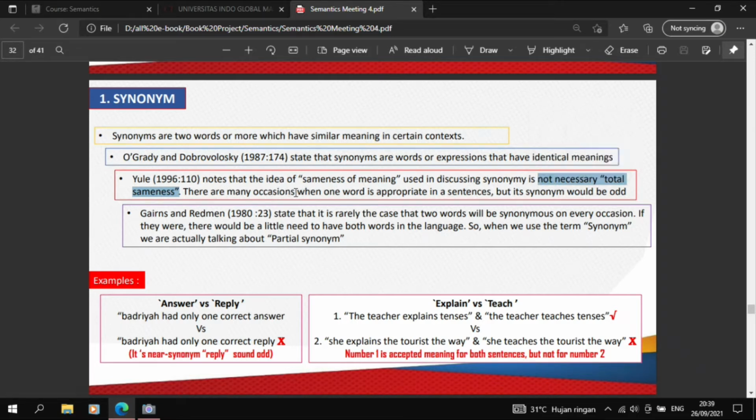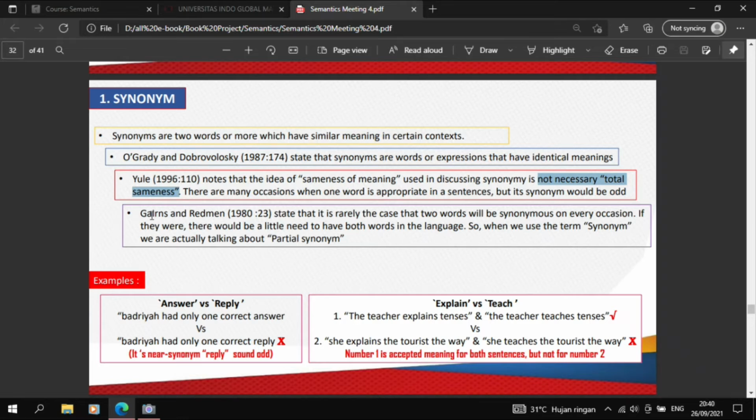There are many occasions when one word is appropriate in a sentence, but its synonym would be odd. So you must make it clear, from your elementary or junior or senior high school knowledge, that synonym is not necessarily totally the same.